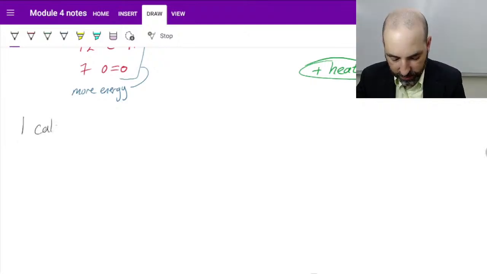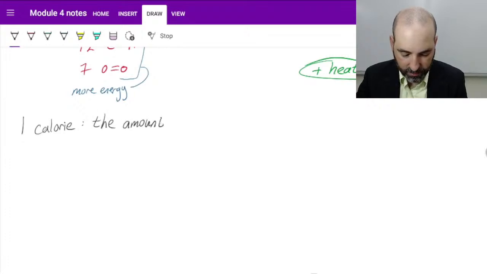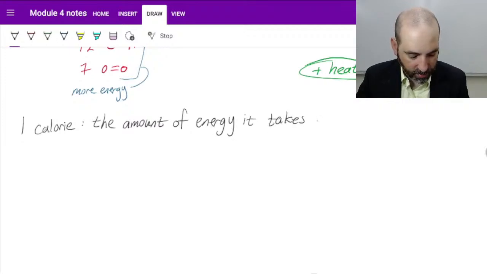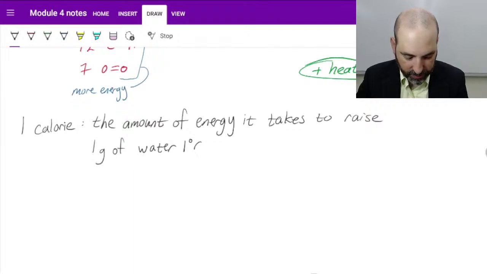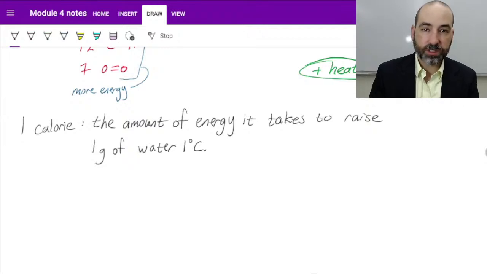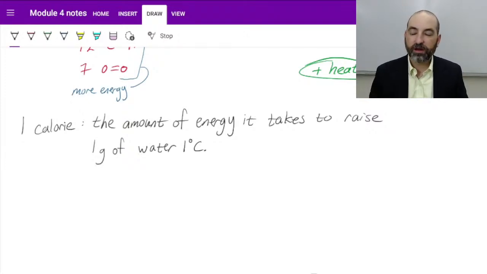So 1 calorie is a unit of energy, and it's defined as the amount of energy it takes to raise 1 gram of water 1 degree C. So you have 1 gram of water, which is also 1 milliliter, and you want it to go from, let's say, 22 degrees or so, whatever room temperature is right now, to 23 degrees.